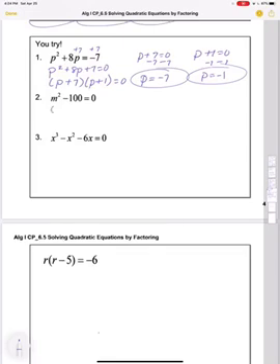This is the difference of two squares, m plus 10, m minus 10, equals 0. m plus 10 equals 0, m minus 10 equals 0, so m could equal negative 10, or m could equal positive 10.